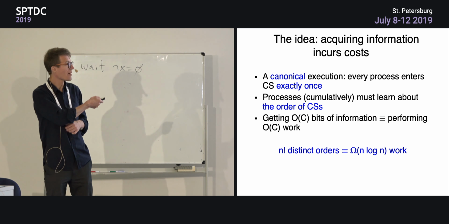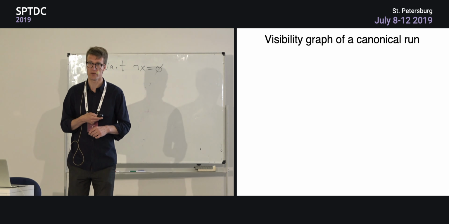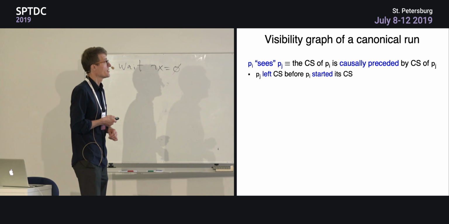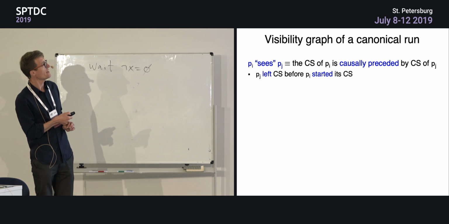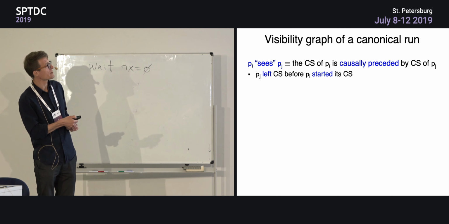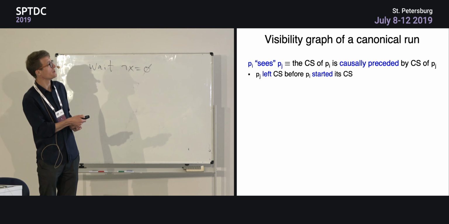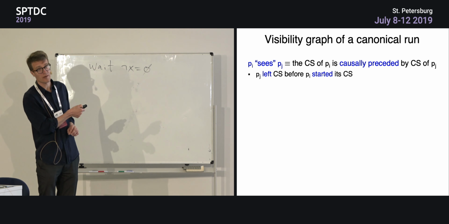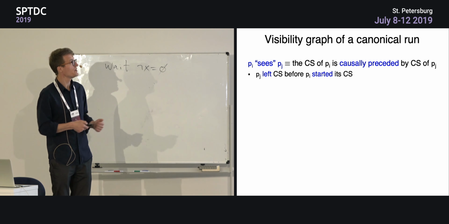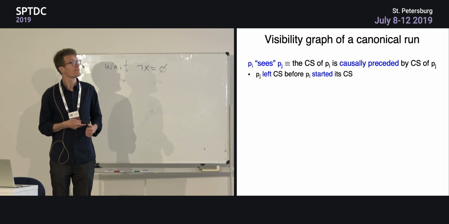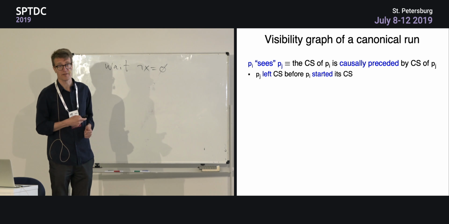Yeah, well, actually, I'm coming to that. This is exactly what I want to show: the visibility graph of a solution of a mutual exclusion algorithm. If you take a fixed execution, in this particular execution, we say Pi sees Pj, which means that the critical section of Pi is causally preceded by the critical section of Pj. Pj does not necessarily see Pi, but Pi sees Pj, assuming that Pj was in the critical section before Pi, which means that Pj left the critical section before Pi started its critical section.